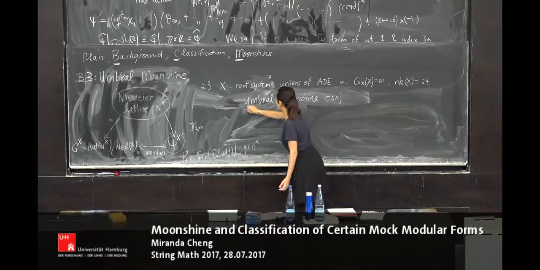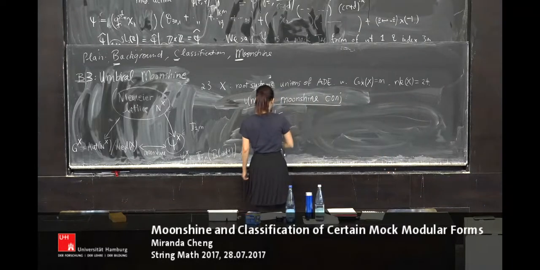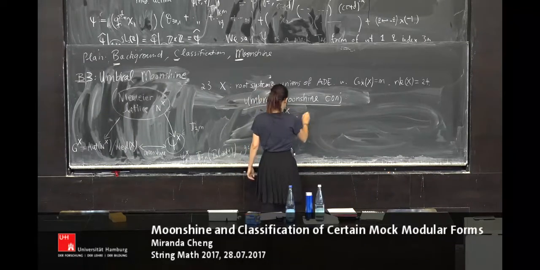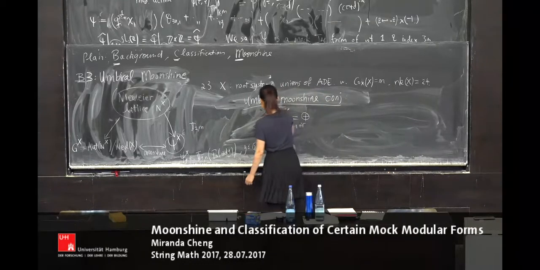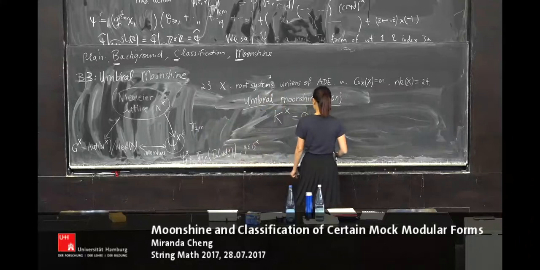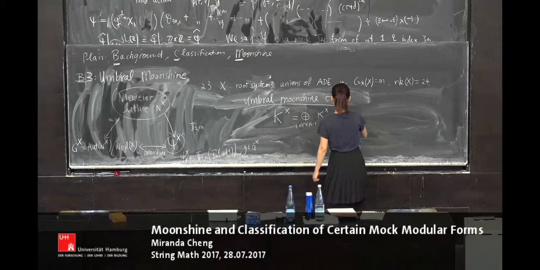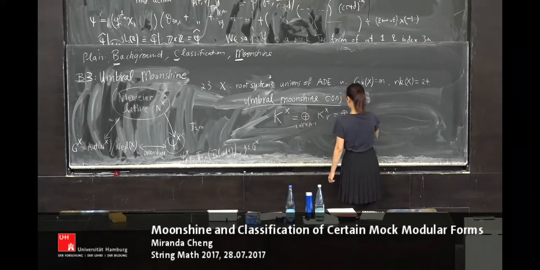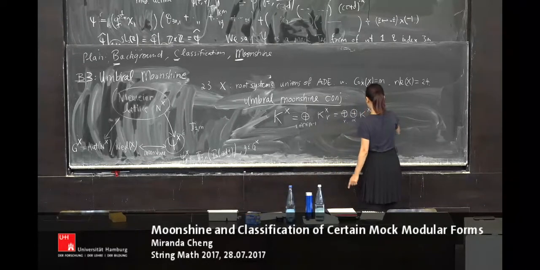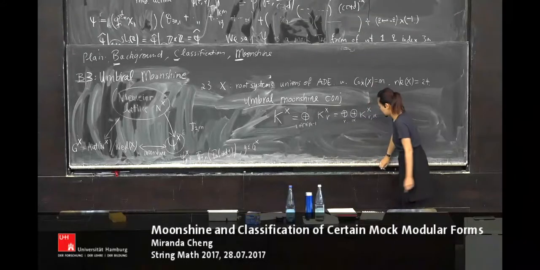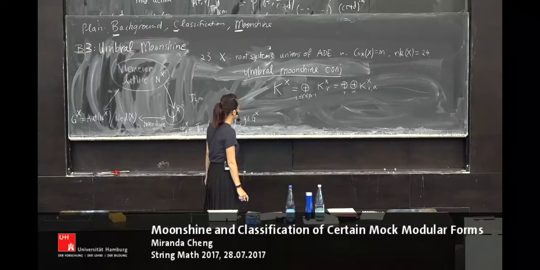So with that in place, we can phrase the conjecture, which is very similar to the monstrous case, so let me be brief. There is a module, a representation of your finite group, for each component R, and the index is given by the Coxeter number.